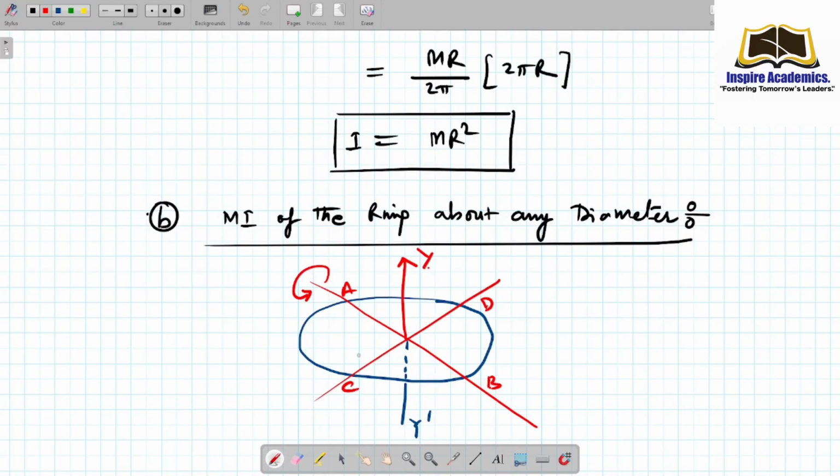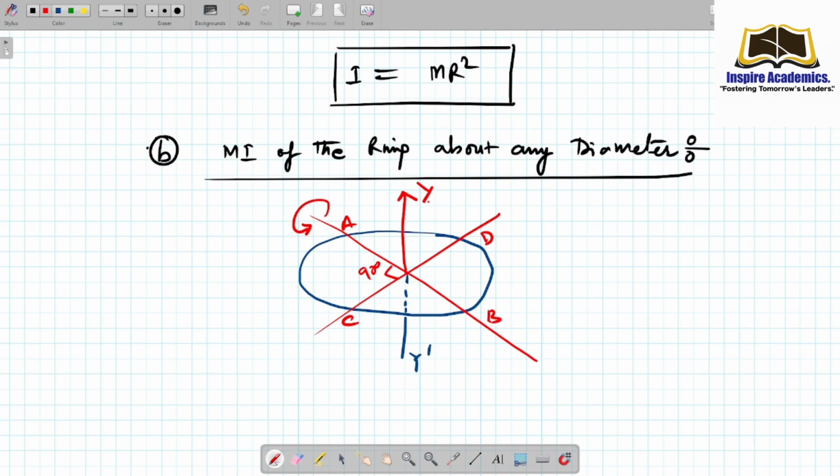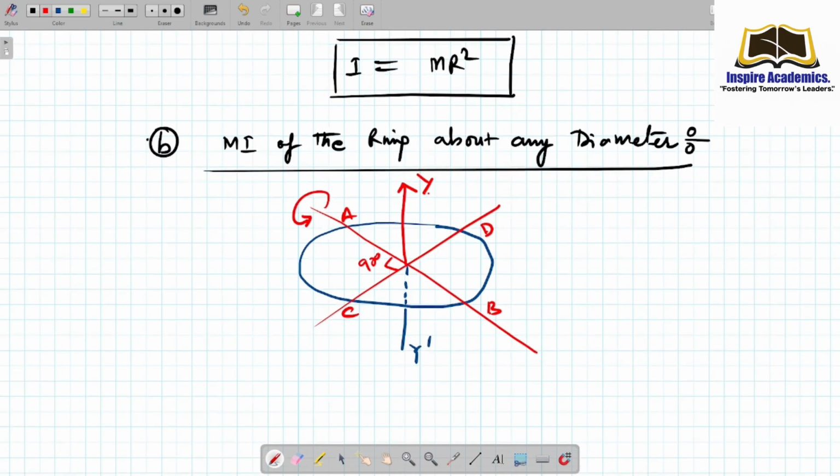Okay, understood or not? So this is your 90 degrees. So how would you respond to this? In the previous lecture I taught you a theorem, and that was the theorem of perpendicular axis, right?